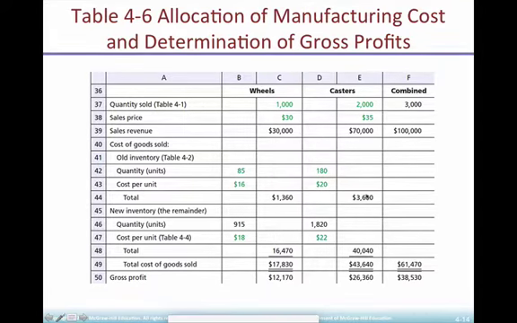Now, based on FIFO method of accounting, I am done with selling the old inventory, so now I have to sell the remaining production from the new production. So let's see, in total, I want to sell 1,000 wheels. I already sold 85 old inventory, so 1,000 minus 85. Now I want to sell 915 of the new production.